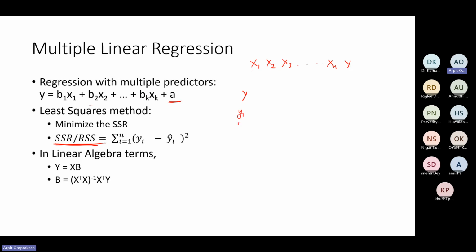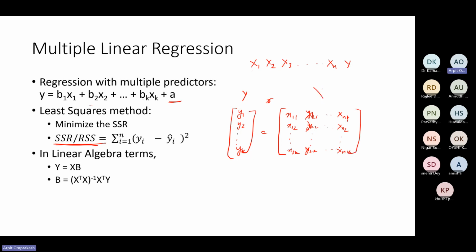So we'll have a y matrix given by y1, y2, dot dot dot, till yn, which is given as a matrix with rows x11, x12 till x1k, then x21, x22 till x2k, and so on until xn1, xn2 till xnk.